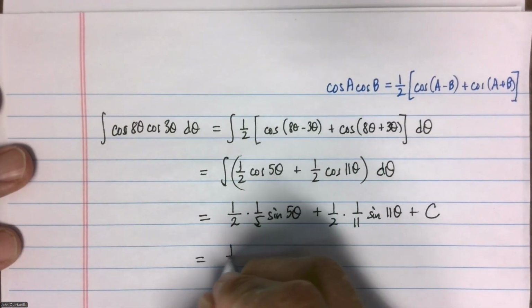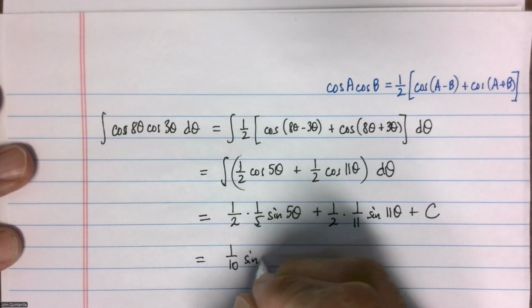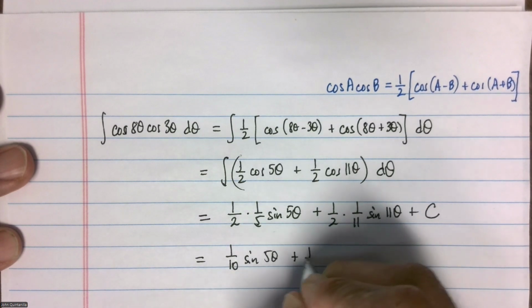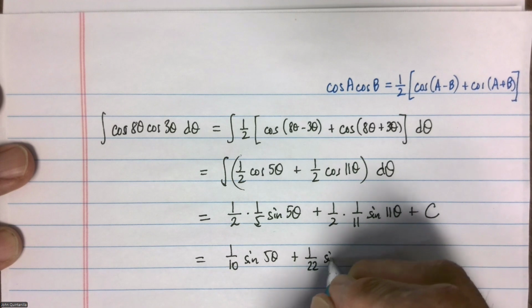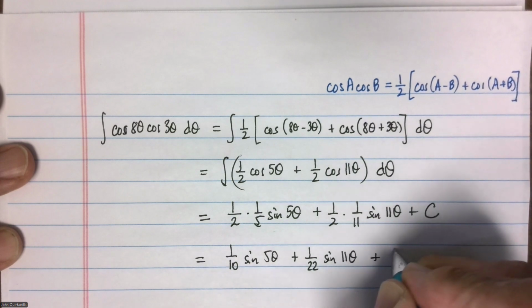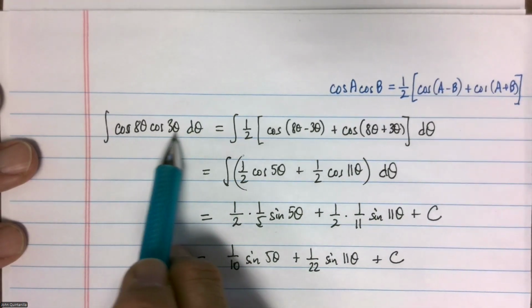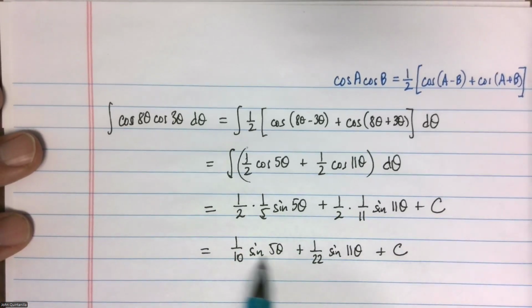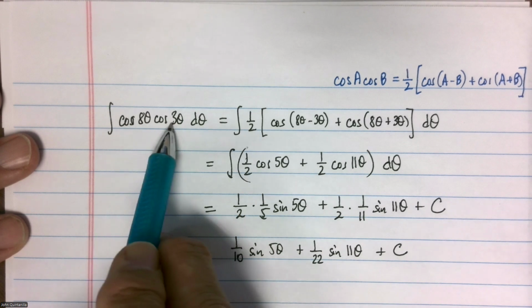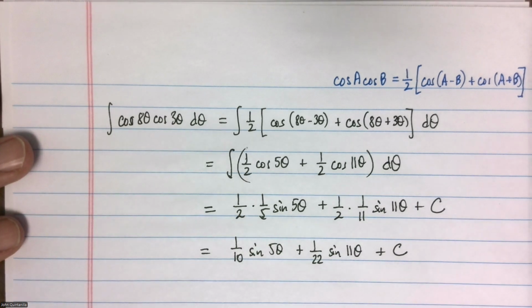And so this is equal to 1/10 sine of 5 theta plus 1/22 times the sine of 11 theta plus c. And I started with an integral in terms of theta, and so that is my answer. If I take the derivative of this and apply trig identity, I will indeed get cosine of 8 theta times cosine of 3 theta.